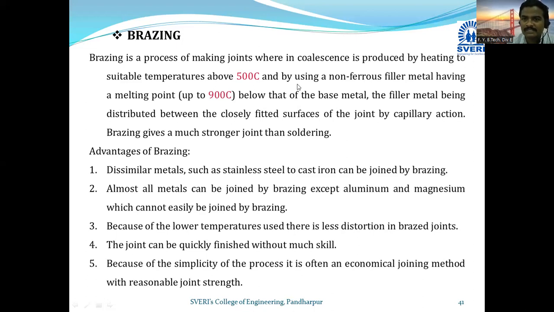What are the definition you have written for soldering? We copy as it is, only change is temperature is above 450.